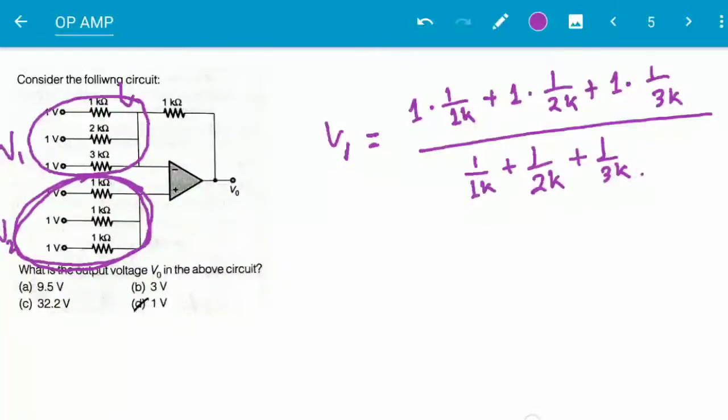So what will it be? It will be 1 volt. Very easy, because all these terms will be cancelled out. This will be 1 volt.